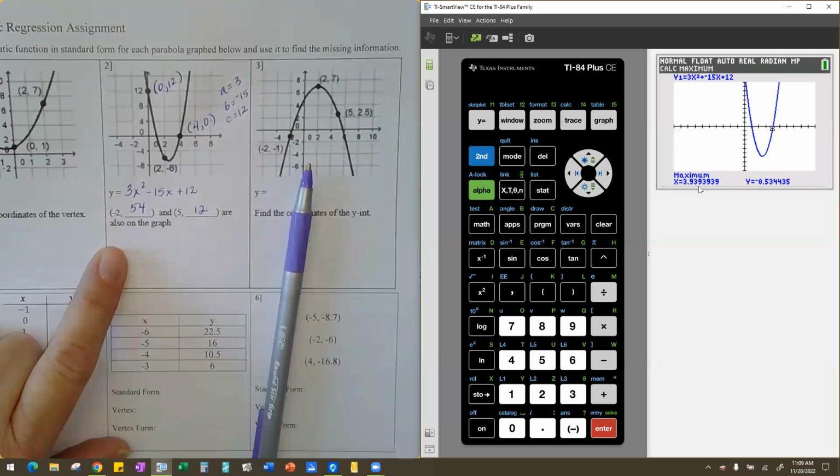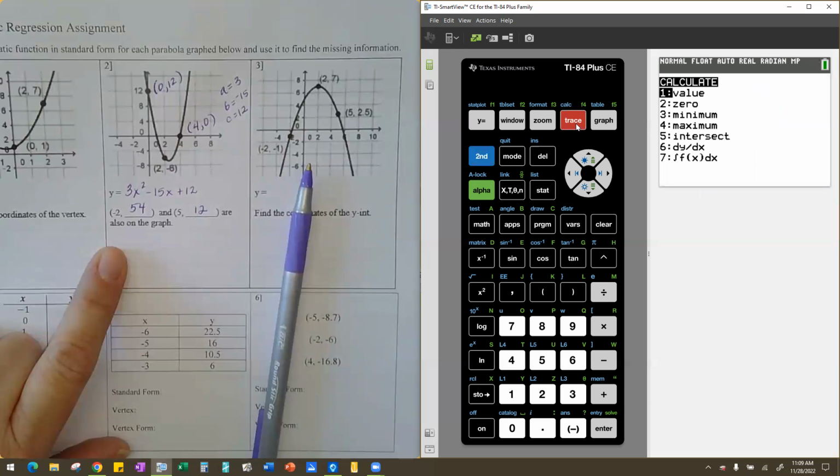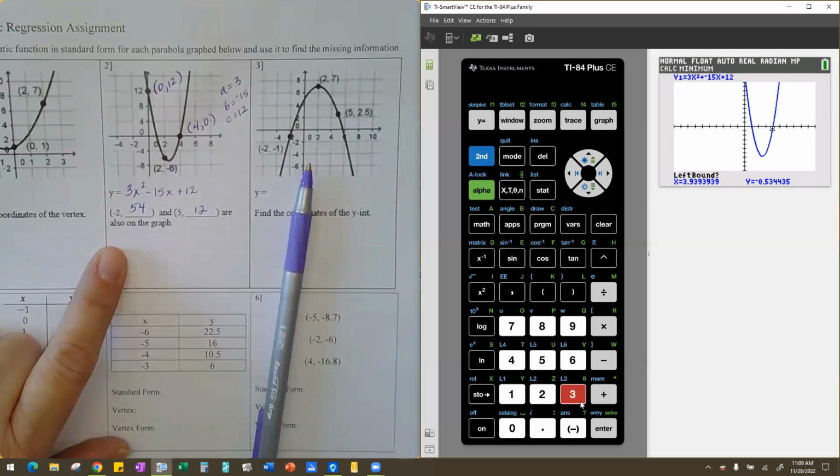I chose maximum, apparently. Let's try again. Oops. Second trace, minimum, which is 3. It told me the highest point, which is not what I was looking for at all here. In between the left and the right, what is the minimum, please?